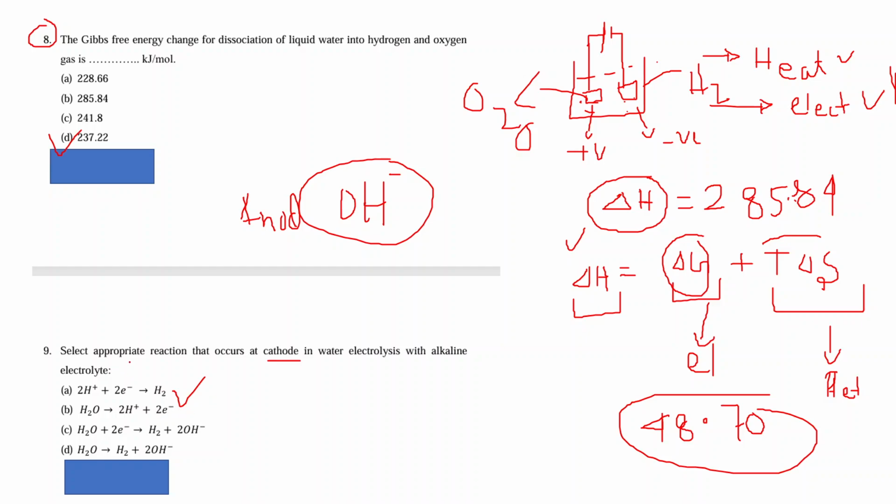How is A correct? With alkaline electrolytes, OH ion will be at the anode, as you said. The electron will pass through the cathode and combine with 2H to form H2. Alkaline electrolyte means the electrolyte cell is full of alkaline.